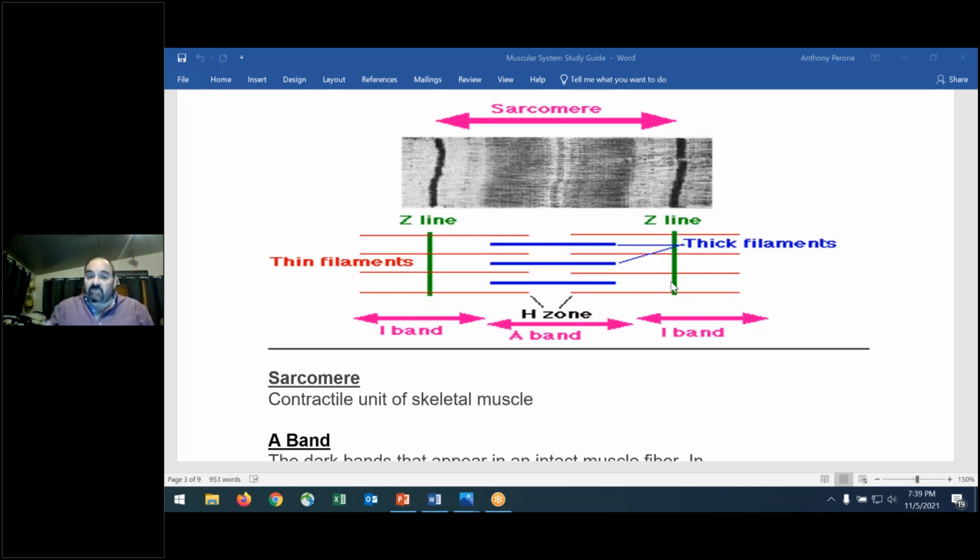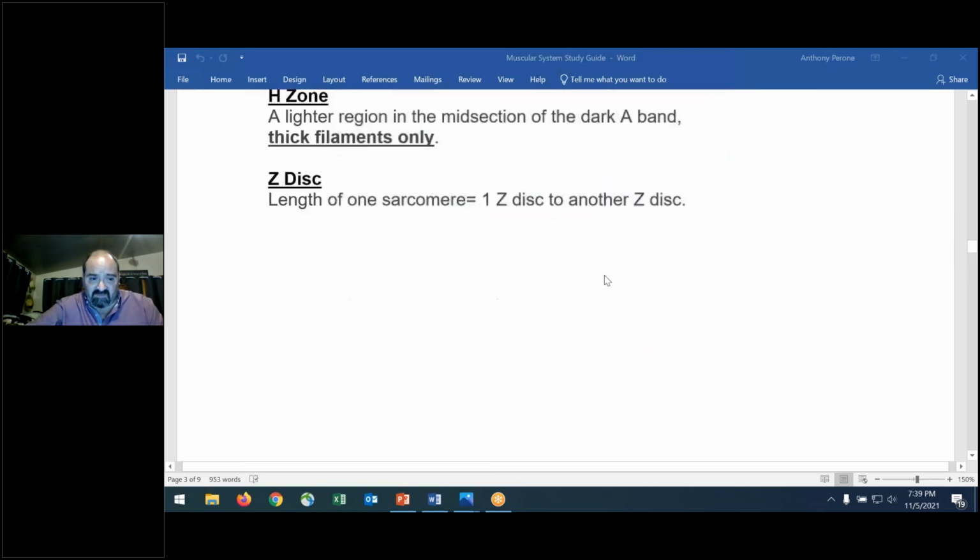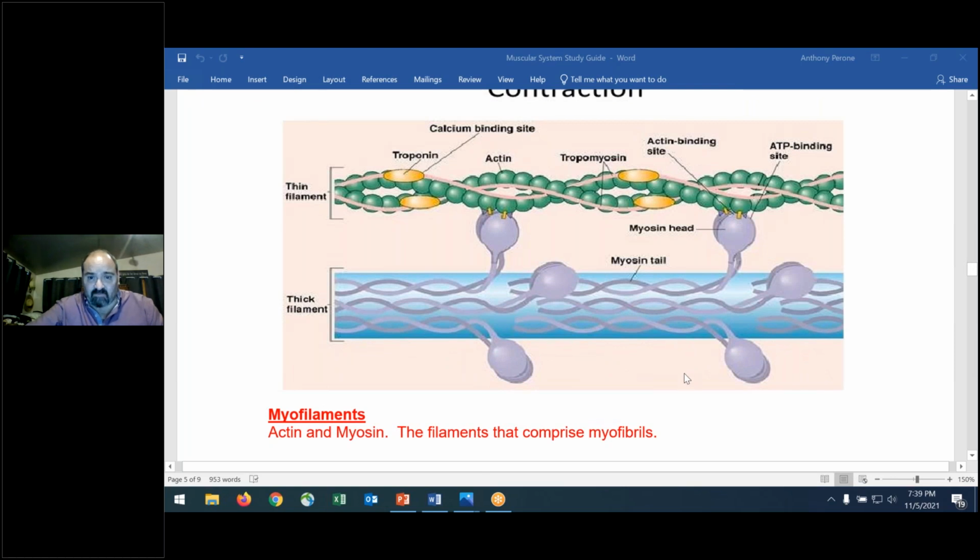And as for cross bridge formation, it's just a matter of a connection between these myosin heads, which are like a golf club. They touch the actin, the thin myofilaments. And let's see if we can look at, here we go. This is where the cross bridge formation occurs. So here this is myosin. Myosin does not move other than these structures right here.